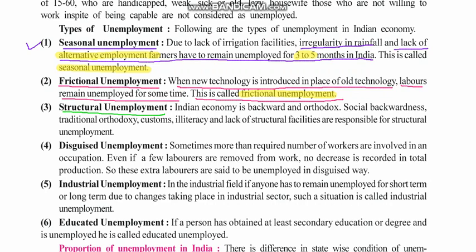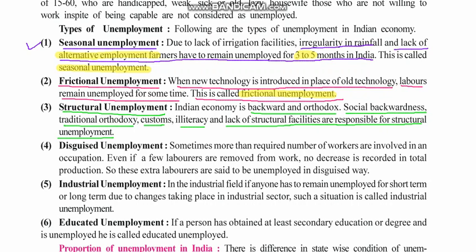Next is structural unemployment. Indian economy is backward and orthodox, very rigid. Social backwardness, traditional orthodoxy, customs, illiteracy, and lack of structural facilities are responsible for structural unemployment. Now the person will not be having any work, but he is still not ready to do a certain kind of work, due to the structure or the system, the caste system or the traditions.